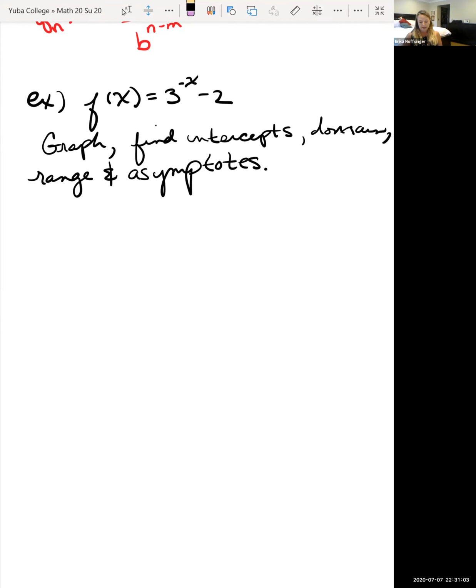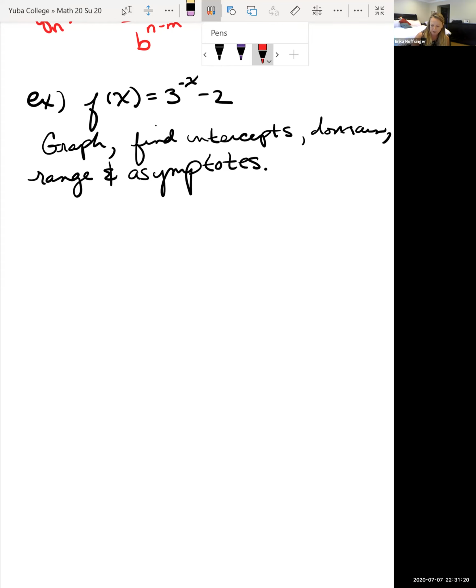Okay, so a couple of things I can do. I can look at what my parent function is and the transformations that I would do to that graph with these different things added to it.